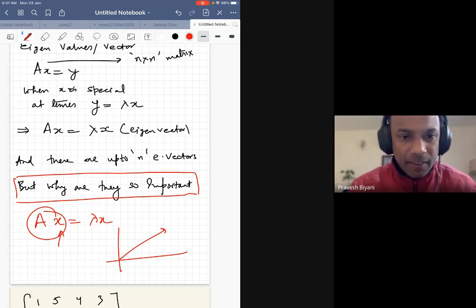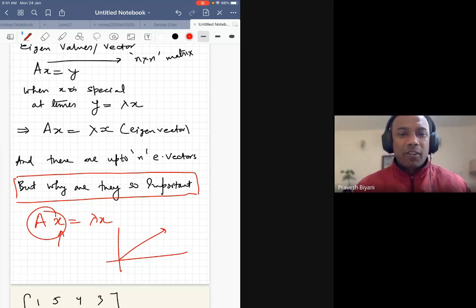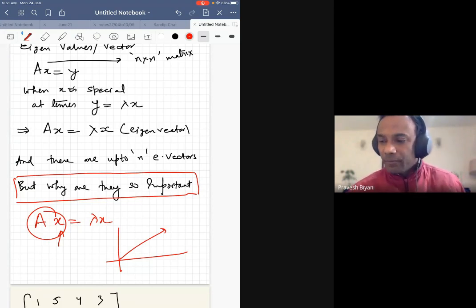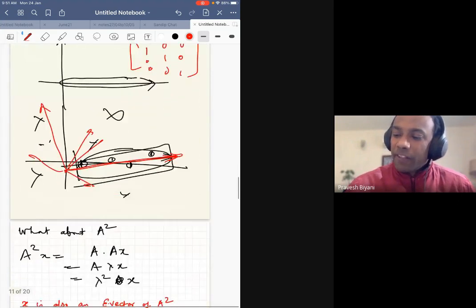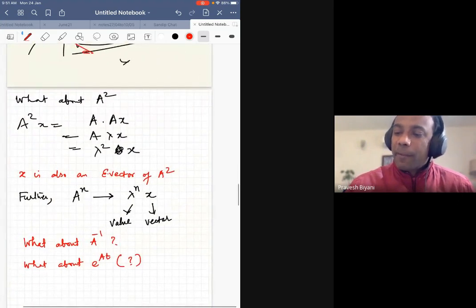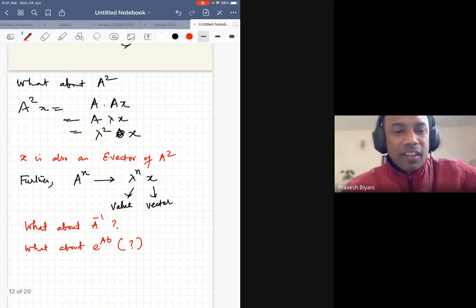But why are they so important? I mean, I think you must have studied EVD in like 5 or 6 courses for all I know, right? But why are they so important? Well, they are important in many ways, but here is the best way to look at it. What about A square? A into A, right?